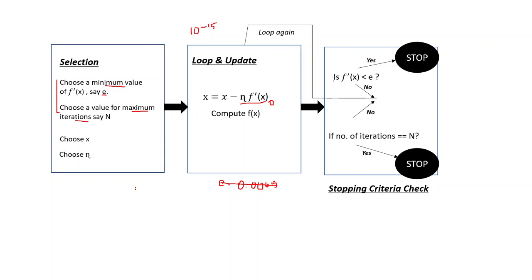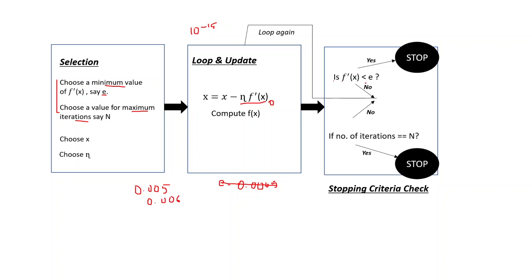Now the question is, why do we consider the other as another stopping criterion? Say you choose a value of e as 0.005. Now your gradient value for the past few iterations has been 0.006. So essentially this condition will always fail.